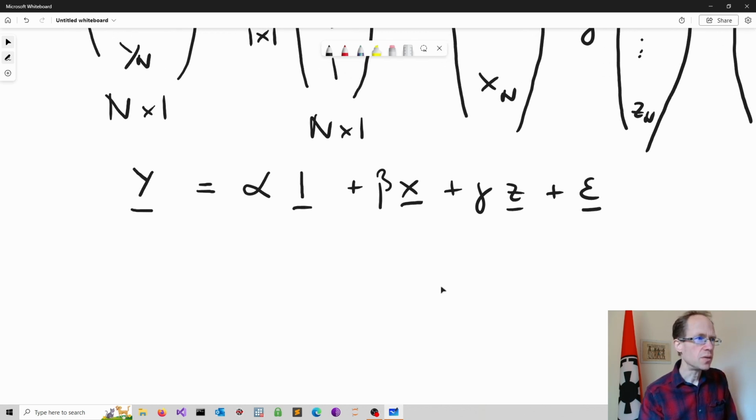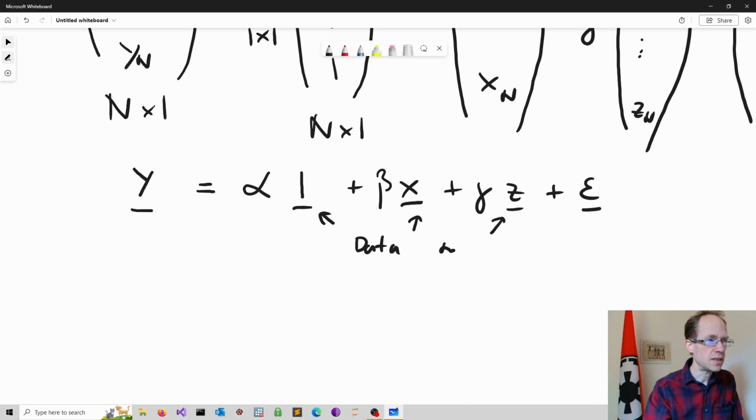The next thing you see is that we combine these column vectors on the right-hand side into a single so-called data matrix. Now the data matrix contains our data which we use to understand our dependent variable y.